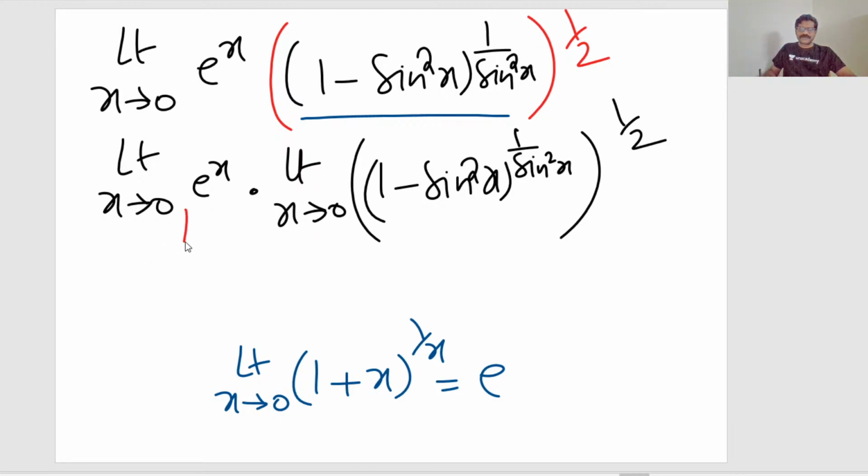This limit is 1. This limit is (1 - t) whole power 1/t. Your formula is (1 + t) whole power 1/t, t tends to 0 gives you e.